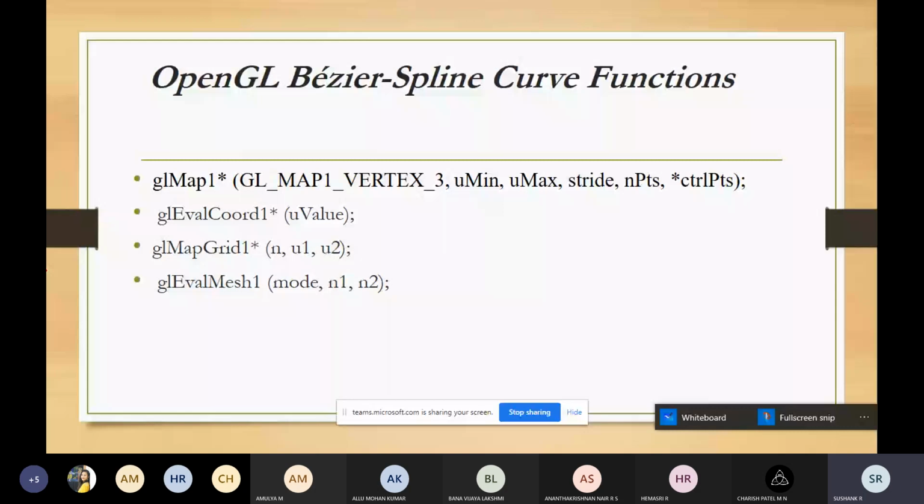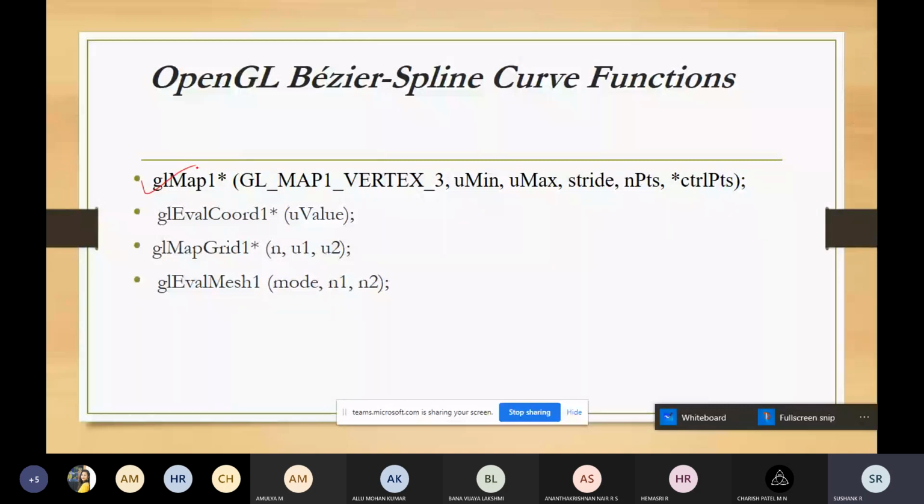The first function is called the OpenGL Bezier spline curve function. Here we specify the parameters, and we activate the routines for this curve display function by using the glMap function.